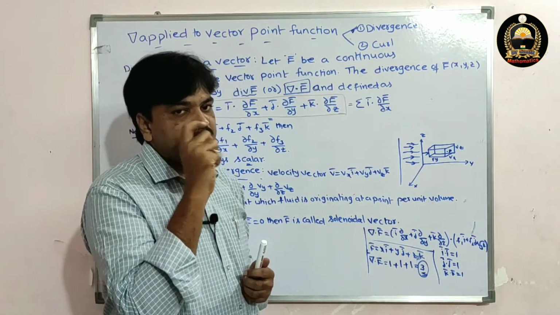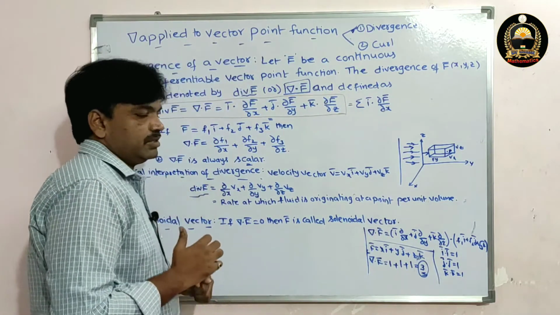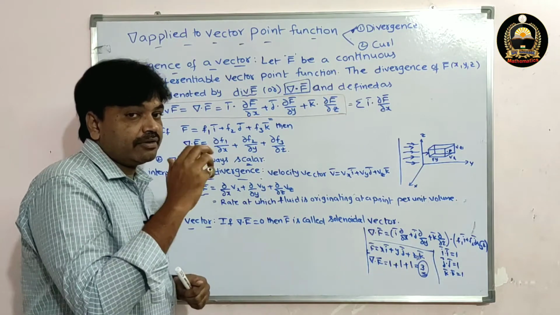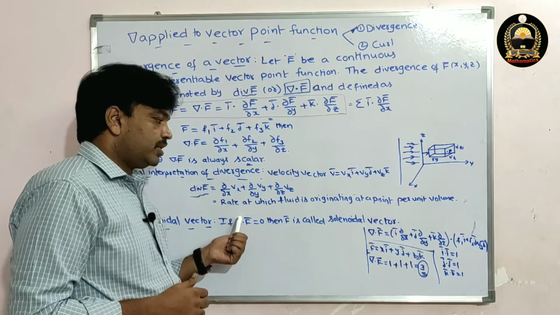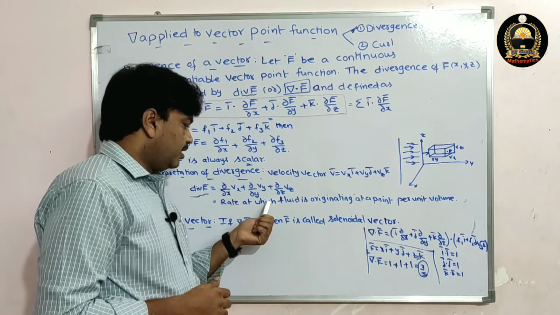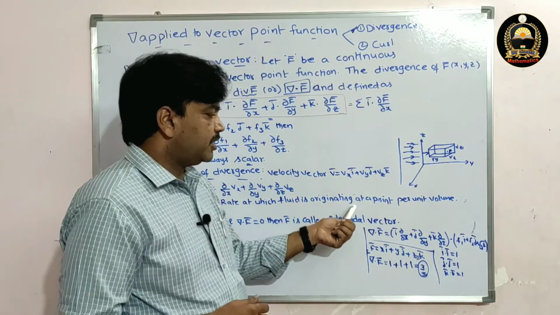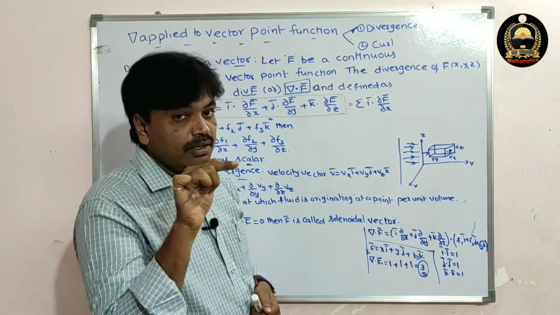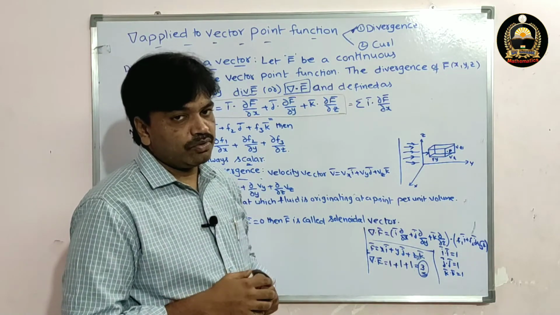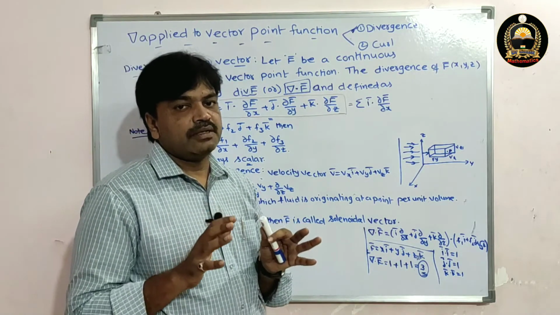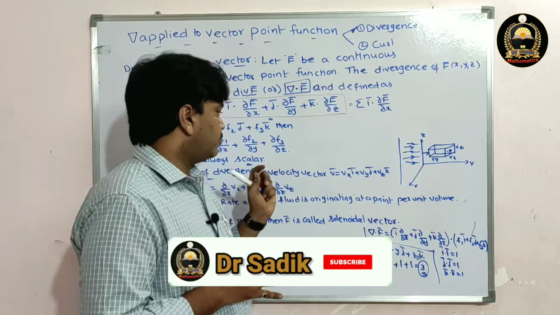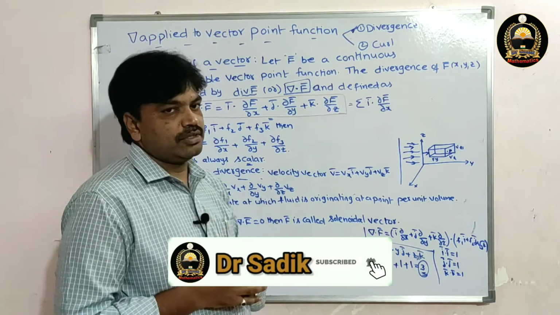The quantity calculated here is the divergence, the rate of change at which fluid is originating at a point per unit volume. This is the physical interpretation of divergence.